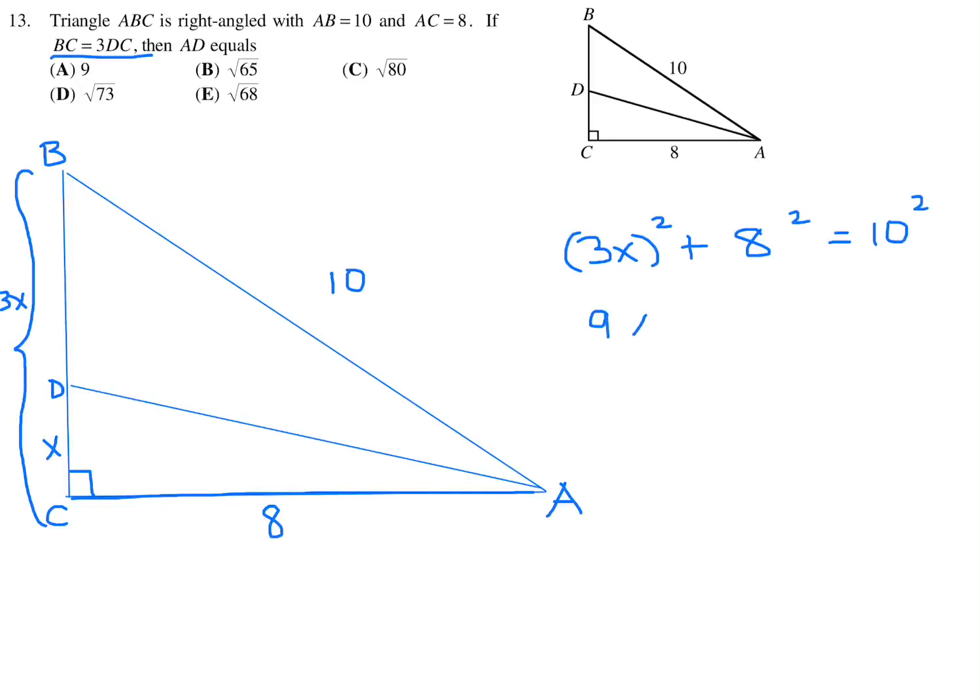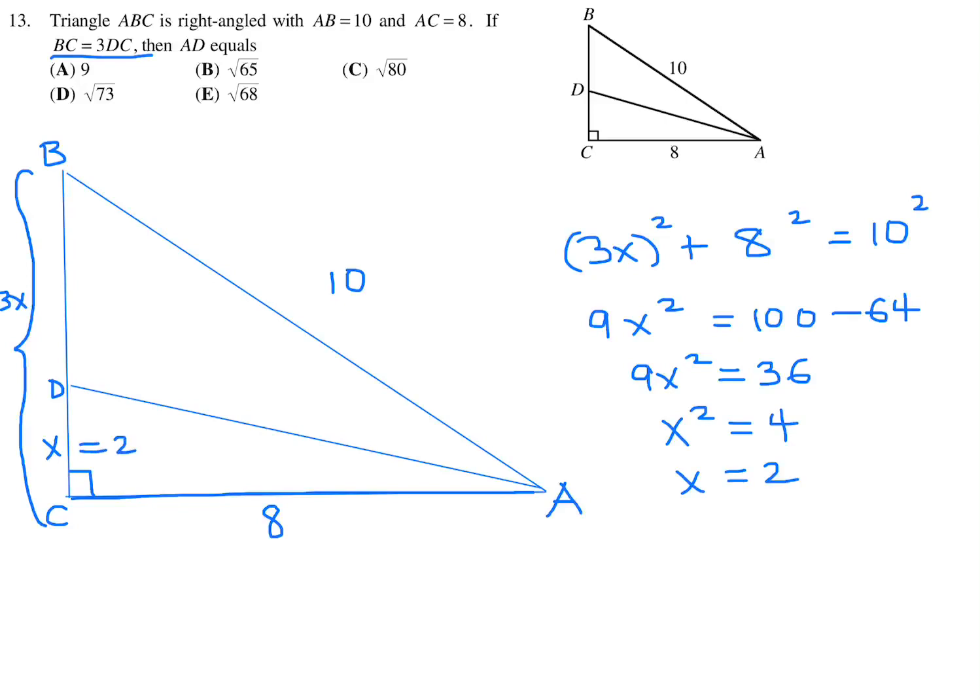So that means 9x squared is equal to 100 minus 64. 9x squared is equal to 36, and x squared is equal to 4, therefore x is 2. So this x is equal to 2.